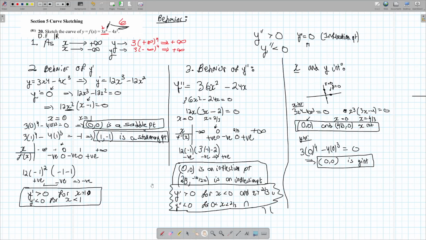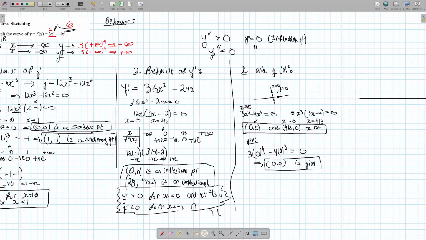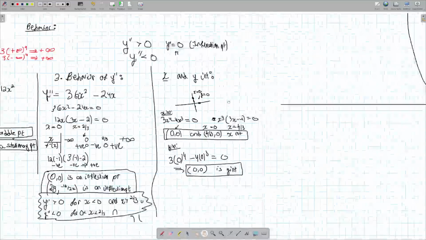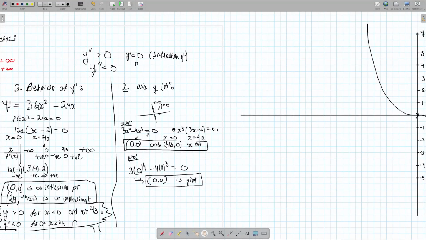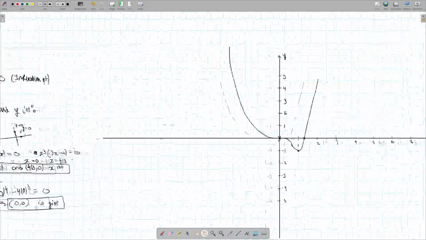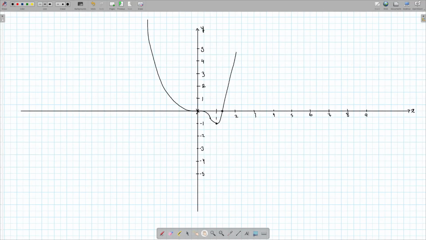List when it's positive, list when it's negative. Then, behavior of y double prime. Again, list your inflection points and study the behavior. When is it positive, negative, positive? List your inflection points and list when it's positive, list when it's negative. Yani concave up, concave down. Then, your last part, x and y intercepts. The x-intercept is when y equals 0, and your y-intercept is when x equals 0. And then finally, graph.